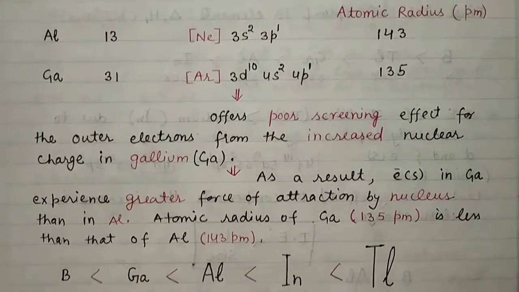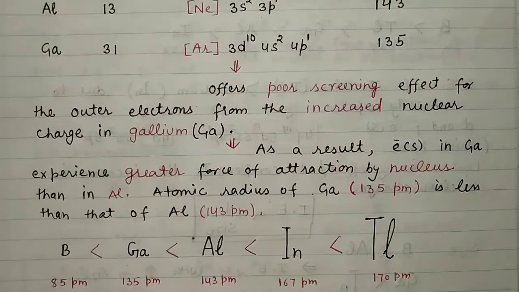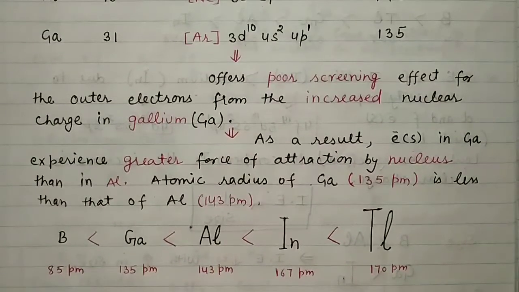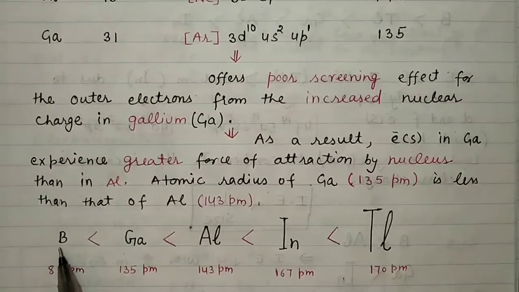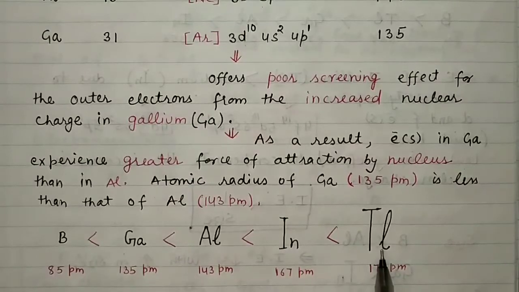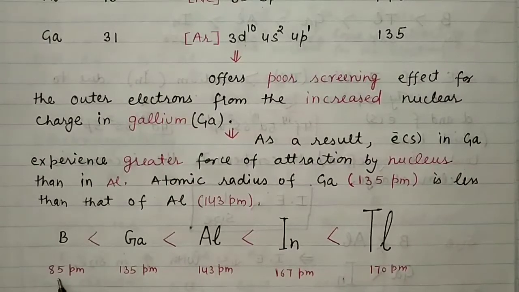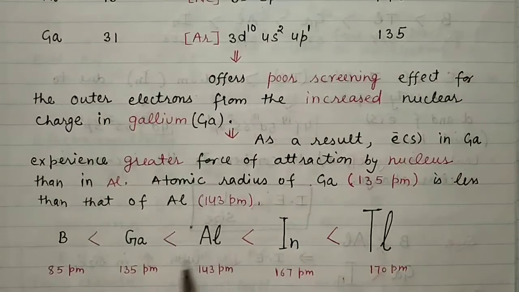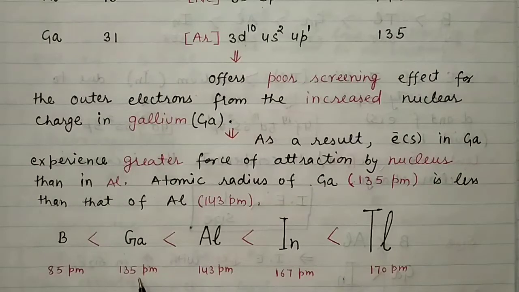You will see that the order of atomic radii is given here. Boron will have the least value and thallium will have the highest value. Boron will have 85 picometer. Gallium will have a lower value than that of aluminium, the reason being the poor shielding of the d orbital electrons in gallium.